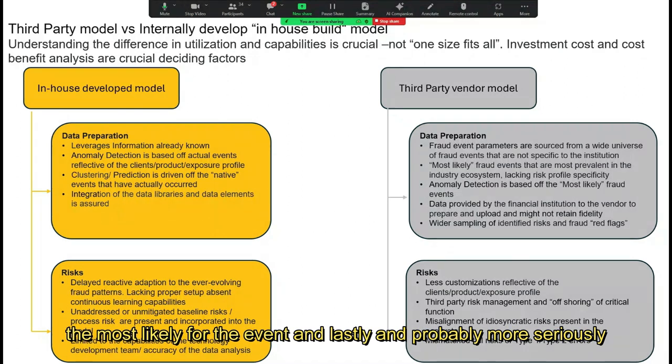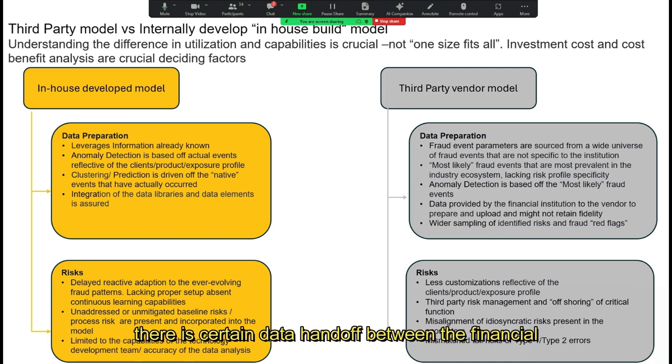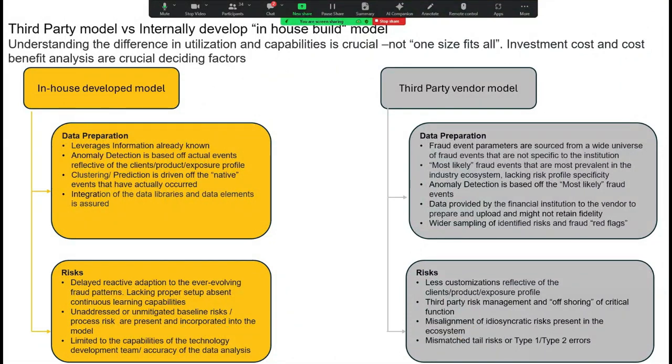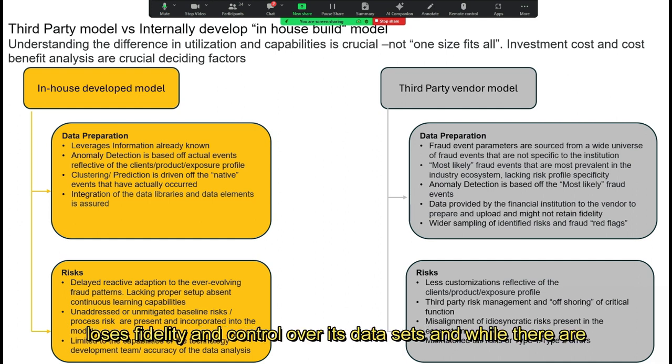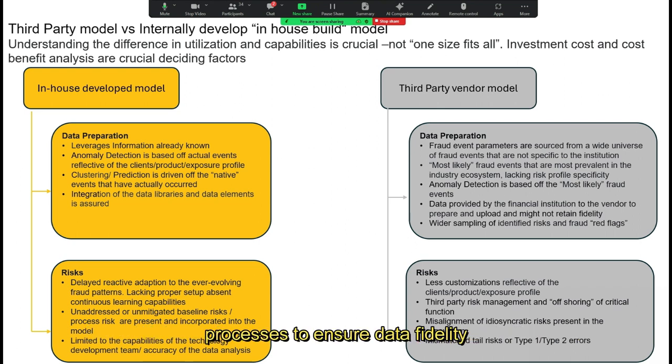And lastly, and probably more seriously, there is a data handoff between the financial institution and the third-party vendor model. In that handoff, the financial institution loses fidelity and control over its data sets. And while there are processes to ensure data fidelity, there are black swan events that might take place, and the fidelity of the data might be lost.